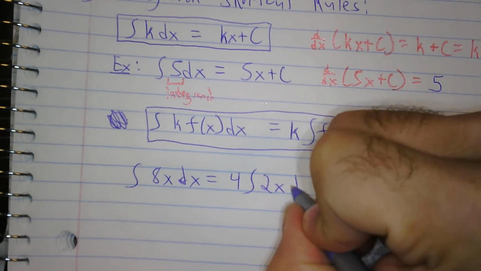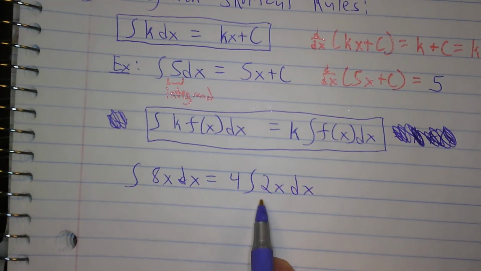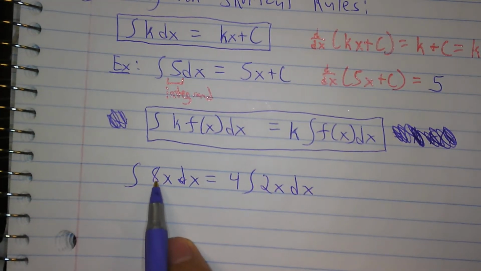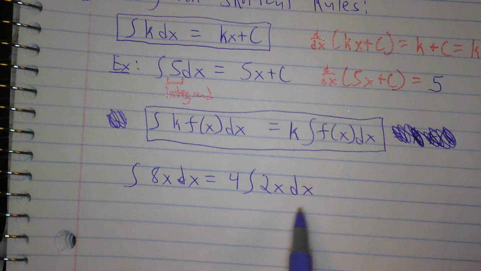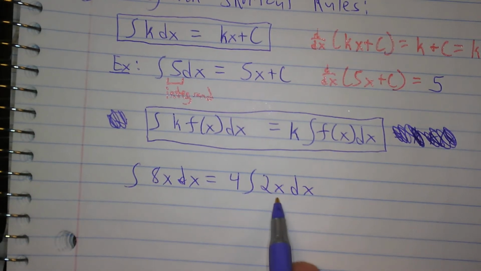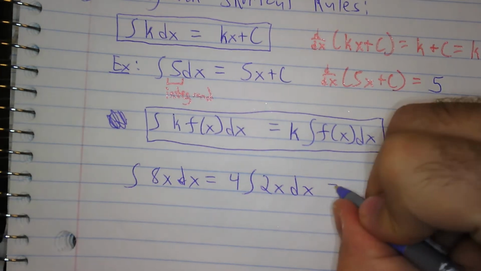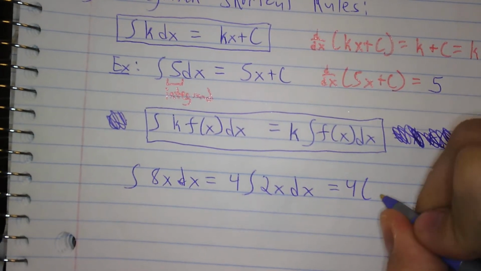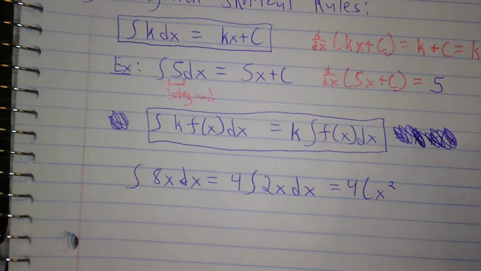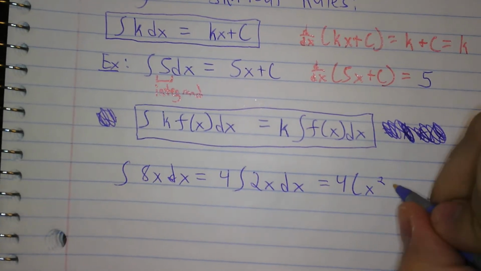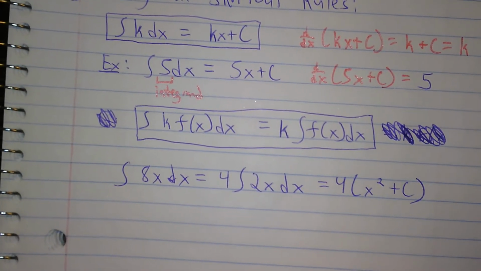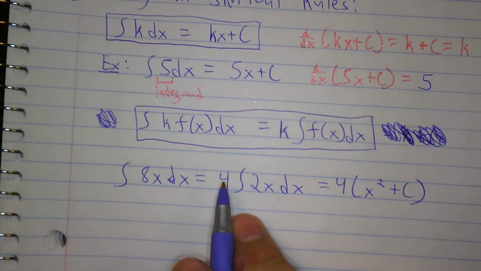And I'll show you why in a second. 4 times 2 is 8, right? So I'm just going to pull out part of the constant. I pull out 4, leaving me 2x. Now all I have to do is think, what's the antiderivative of 2x? And you know the answer to that. The antiderivative of 2x is x squared plus c. Am I right? And then you still have this 4 outside the integral.